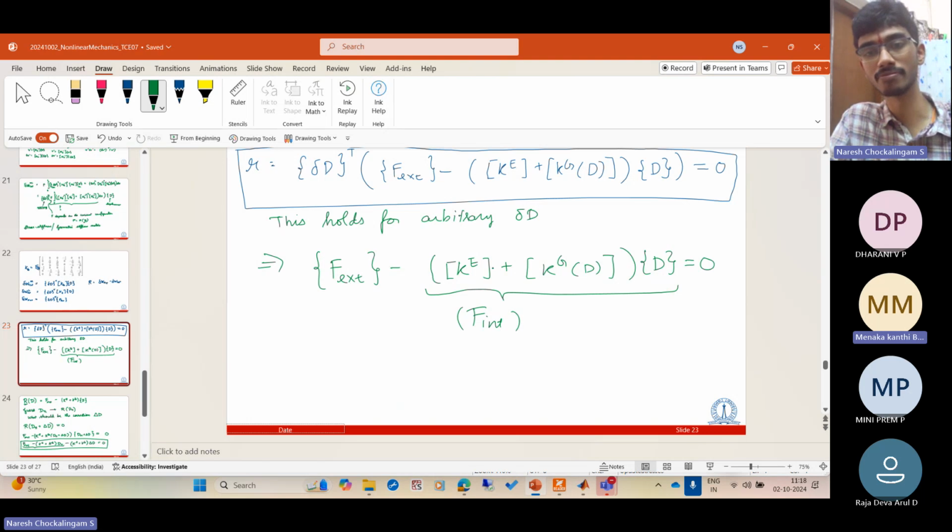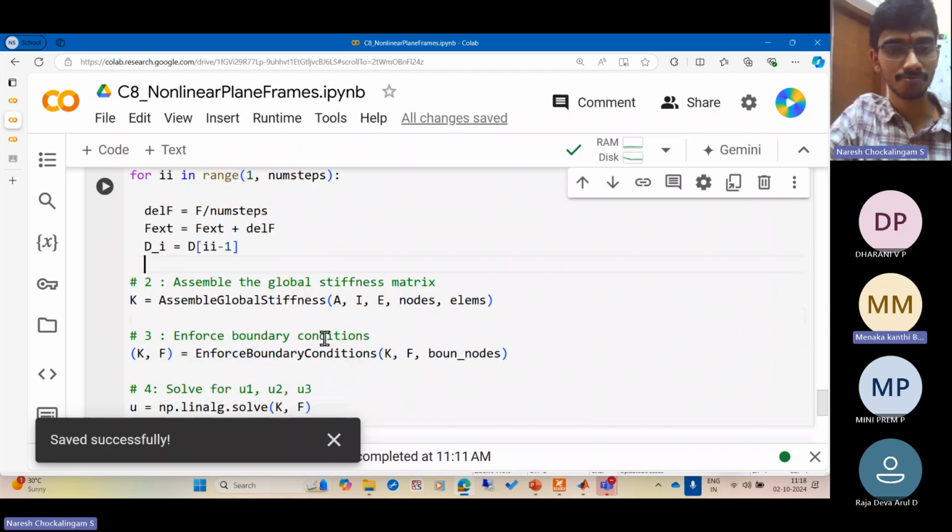This is the internal force. But how do we get it? You have to find the geometric stiffness matrix, the elastic stiffness matrix, find the tangent, and assemble it. After assembling, you get one global stiffness. Multiply it with the current guess D. That is the internal force. Let's do that.